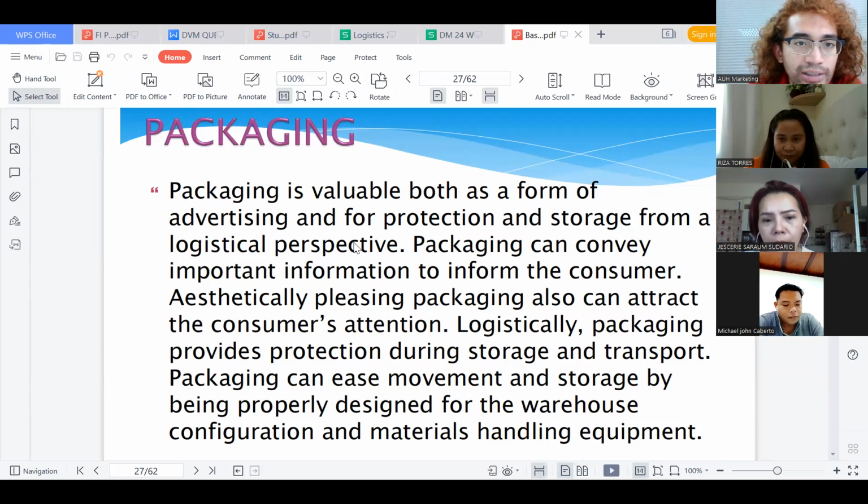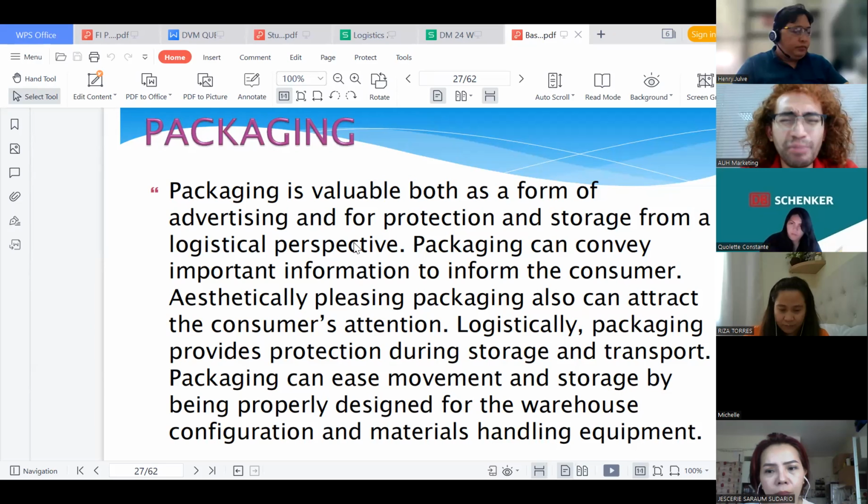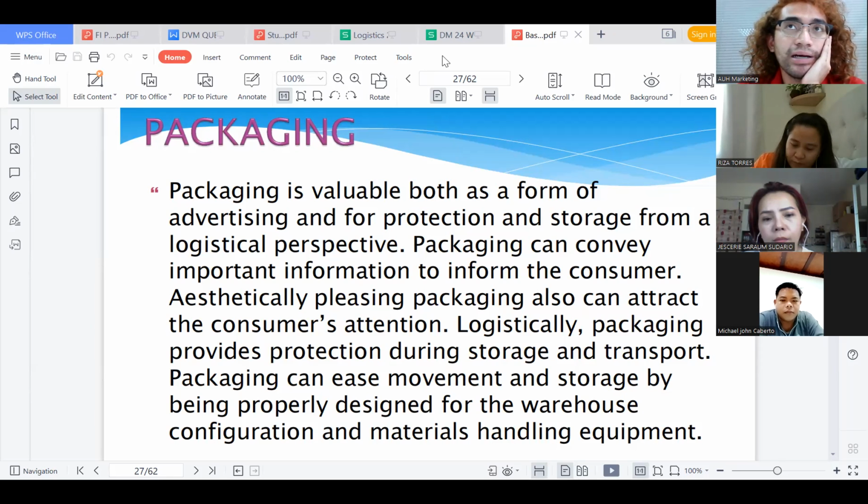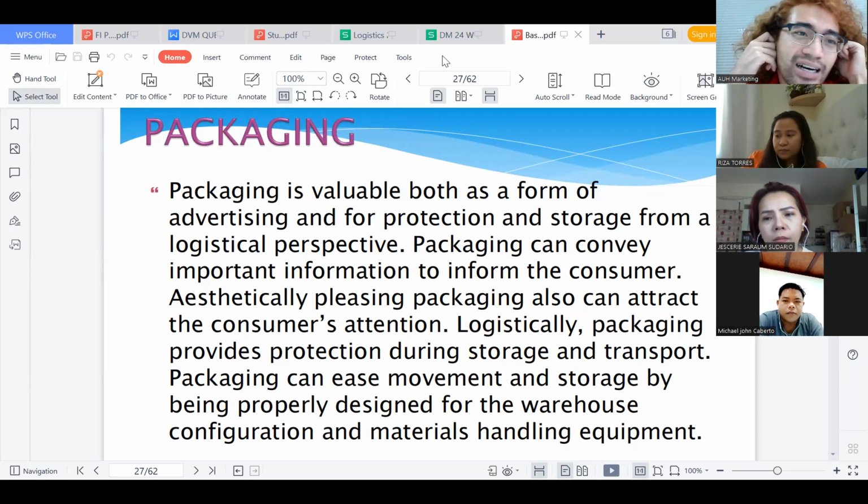It would depend. Let me find an example here. You're familiar with bubble wrap, no? The one that protects the item. Yeah. As I told earlier, they're replacing the bubble wrap to protect the items inside because that's a waste.